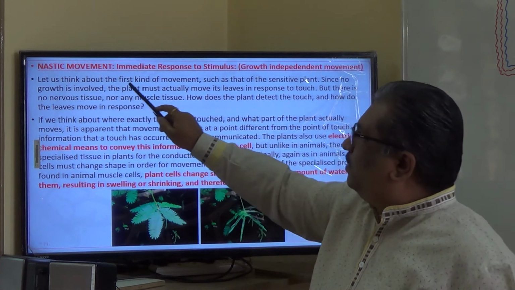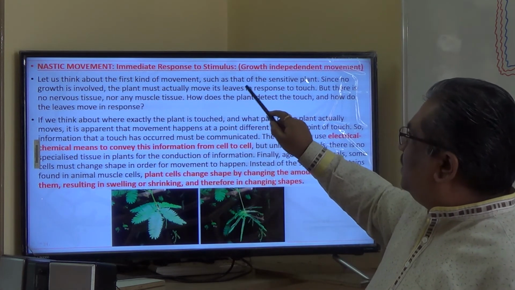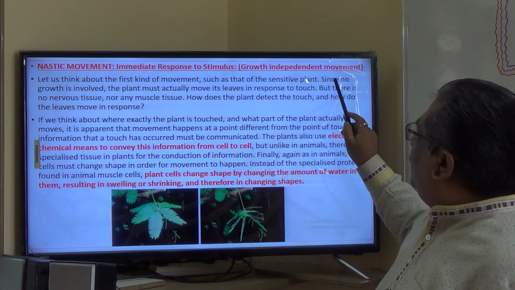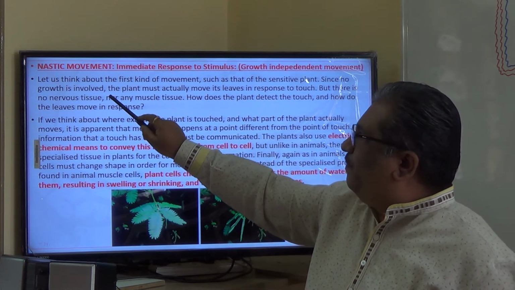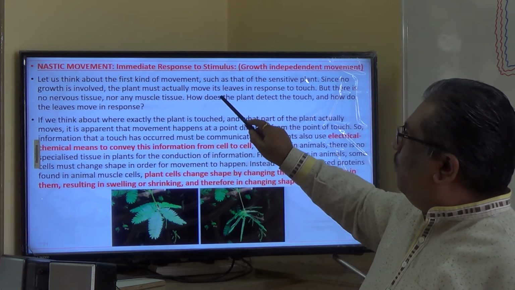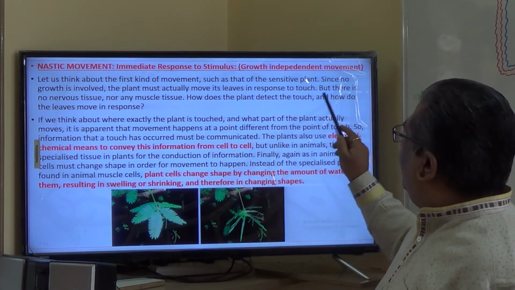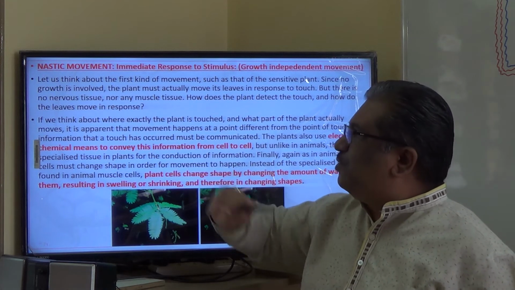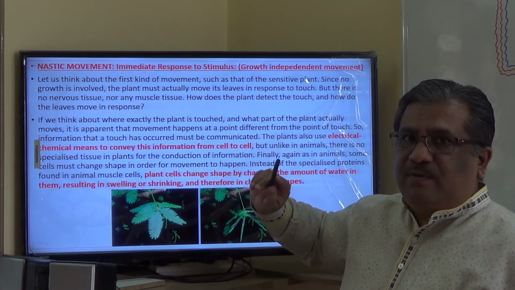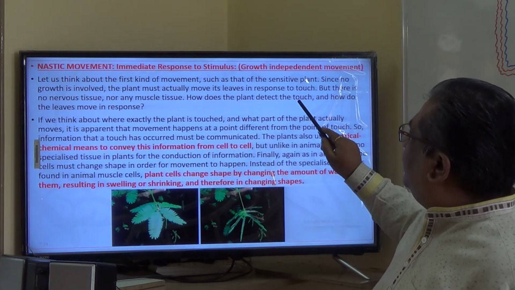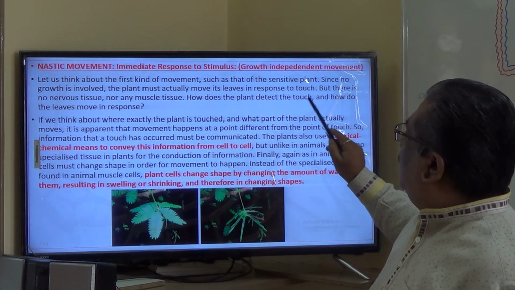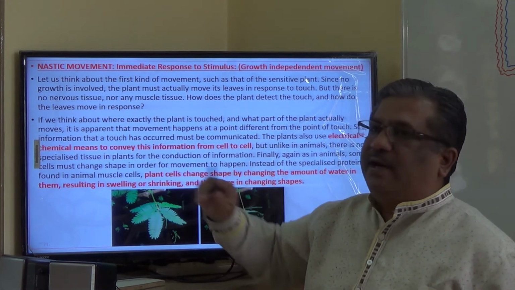Let us think about the first kind of movement, such as that of the sensitive plant. Since no growth is involved, the plant must actually move its leaves in response to touch. But there is no nervous tissue nor any muscle tissue. How does the plant detect the touch, and how do the leaves move in response to the touch?